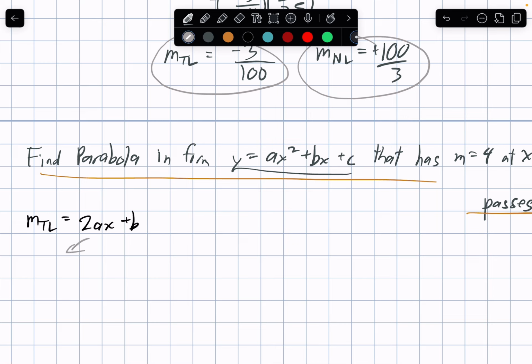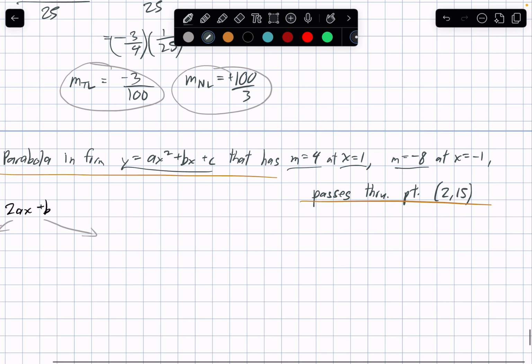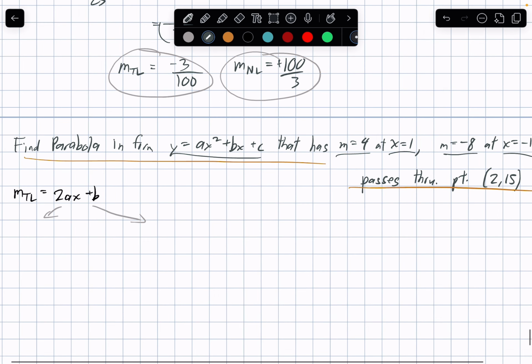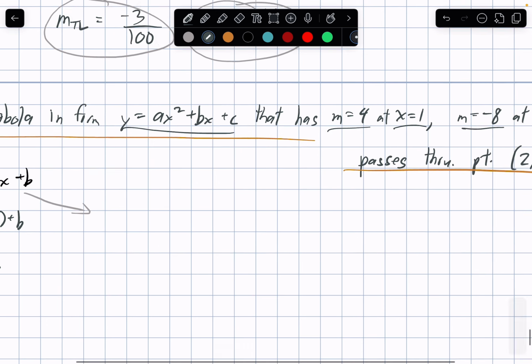So we'll be using this equation twice, using m of 4 at x equal to 1, m of negative 8 at x equal to negative 1. So 4 is equal to 2a times 1 plus b. 4 is equal to 2a plus b.